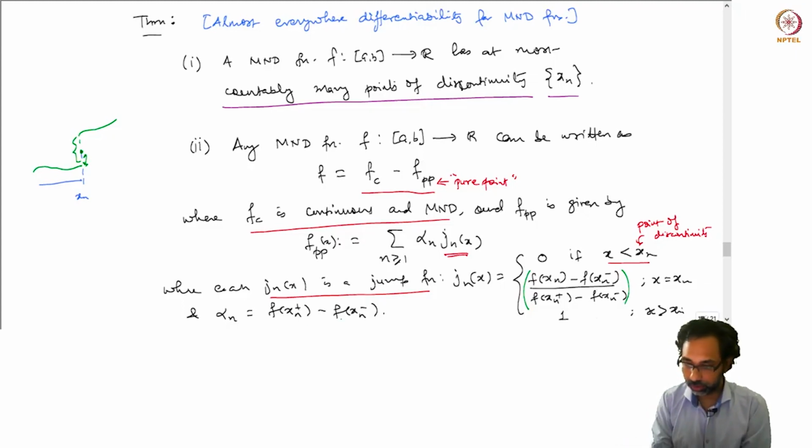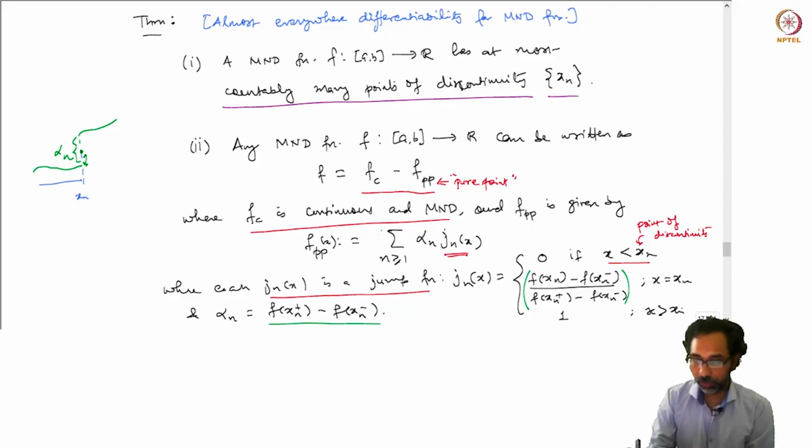So the jump functions are encoding these kinds of finite discontinuities in the function, and this fpp is a sum of countably many such jump functions with amplitude precisely this alpha n, which is the difference of the left and right hand side limits.